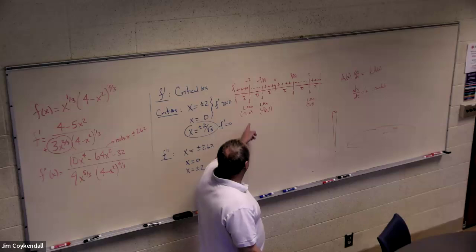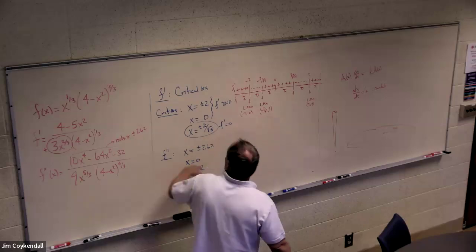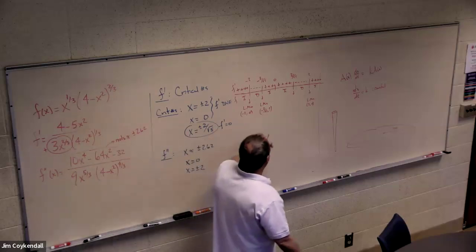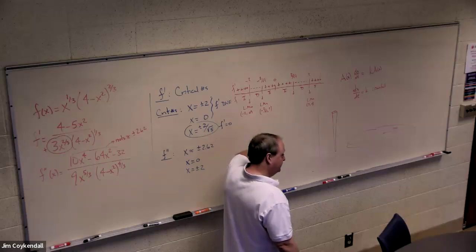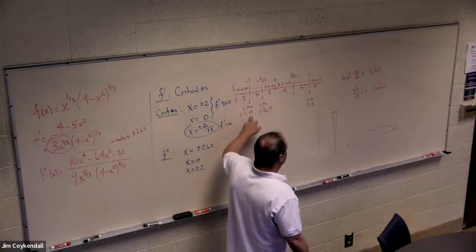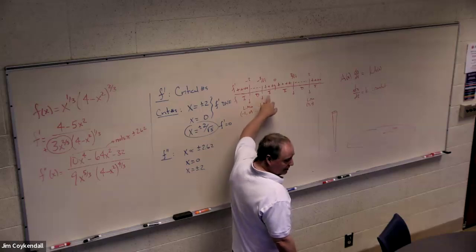But here's what I know. What do I know about this number? I didn't bother to plug it in and figure out what the number is, but I do know something important about this number. What is that? It's negative, right? Because at -2, 0, I get a max and then go down. So this one is negative.